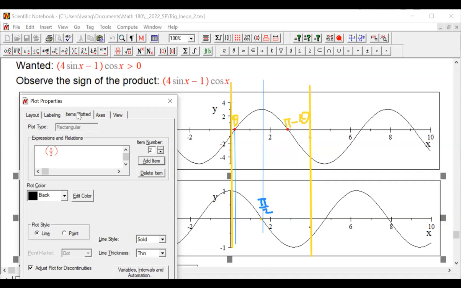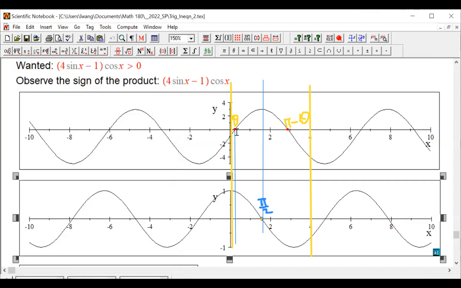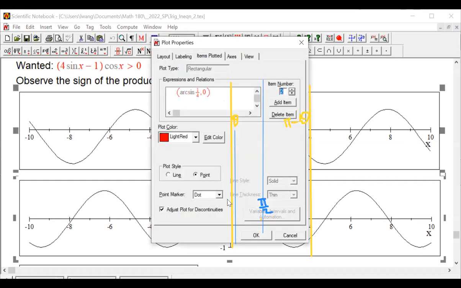Pi over 2, comma 0, and this is going to be a circle. Theta needs to be a circle too. Why? Because at theta, this piece is 0. So I'm going to make these 2 red dots circles.